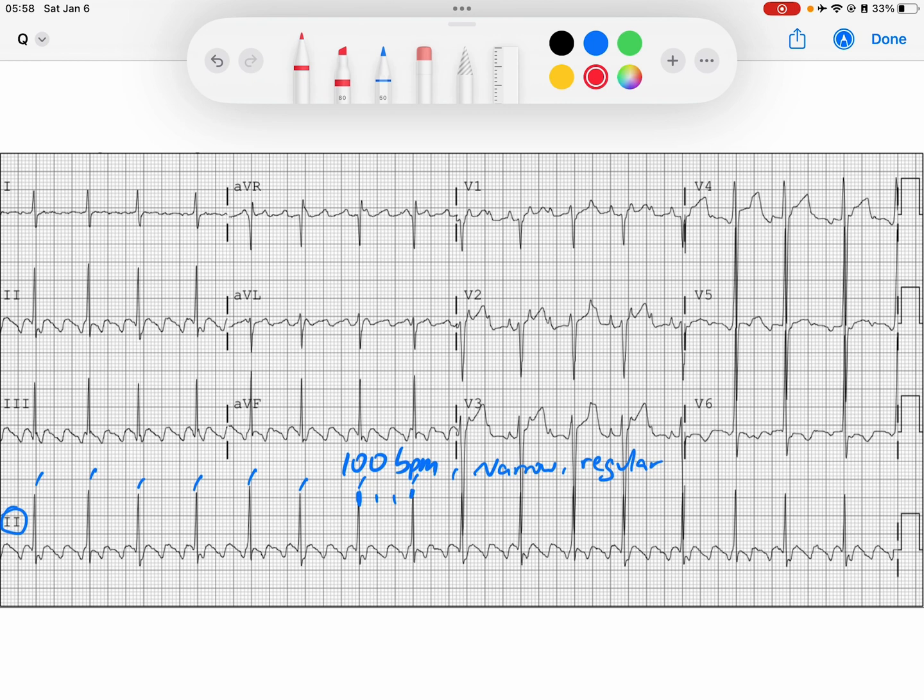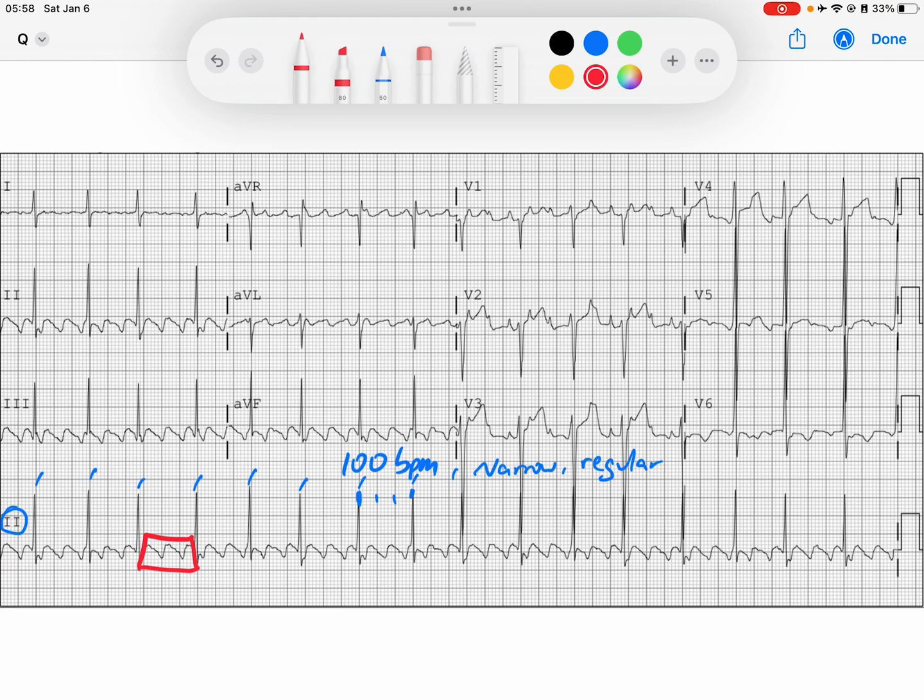So I look for atrial activity, and what you'll notice here is you can pretty quickly figure out we've got atrial activity. If you look in between, we've got atrial activity, but I don't see any real organized P waves that are like sinus P waves.